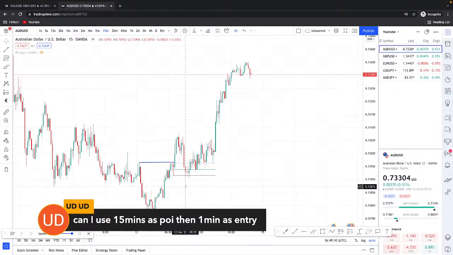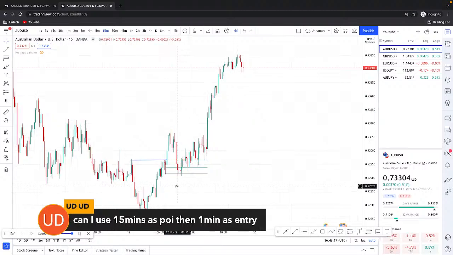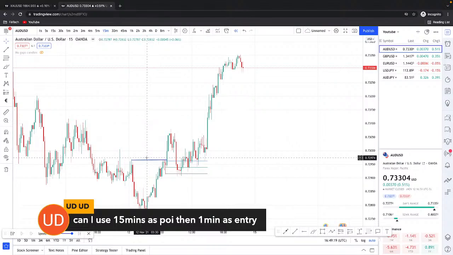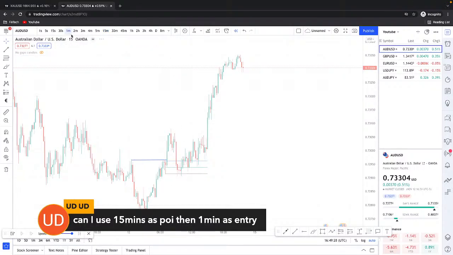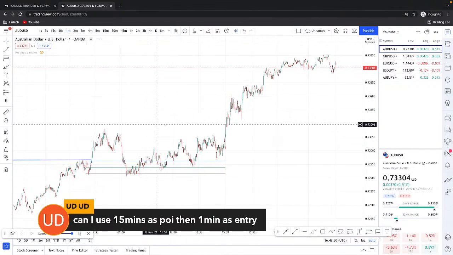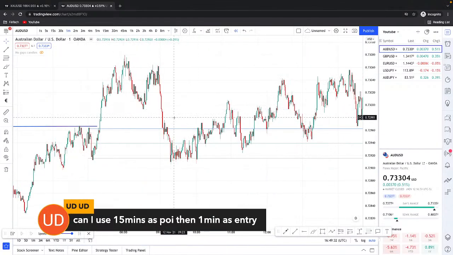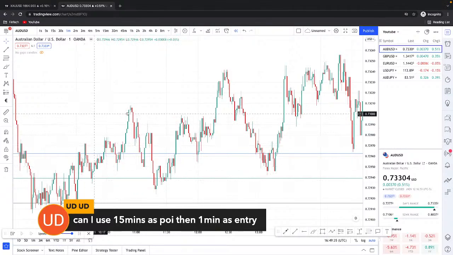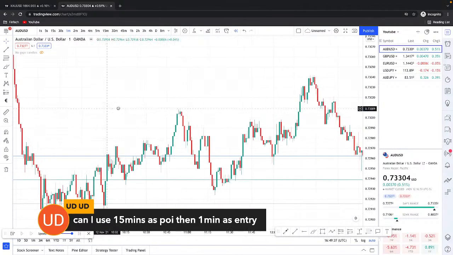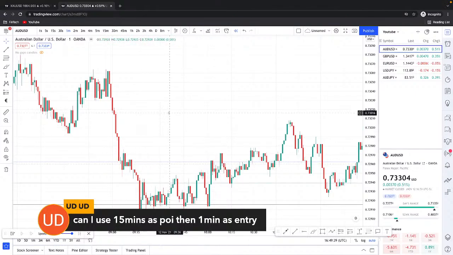Okay, cool. Here's the thing. On this one, you can take a confirmation here in this order block. Have some kind of 1 minute order flow setup. I don't see anything here.